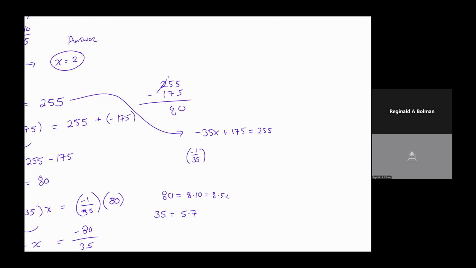35, then all I have to do is remember that I'm going to multiply this negative 1 over 35 by everything on the right-hand side of the equation, as well as everything on the left-hand side of the equation. So you need to set up your equation statement like so.